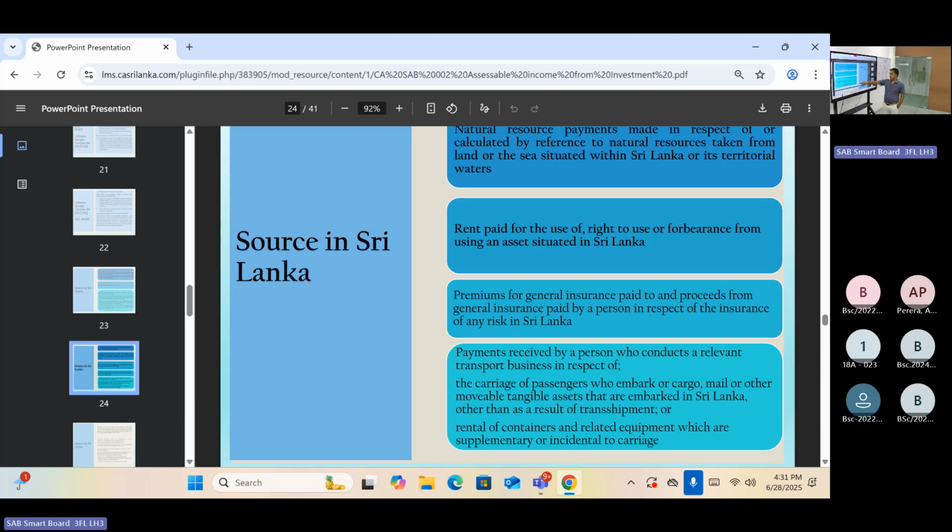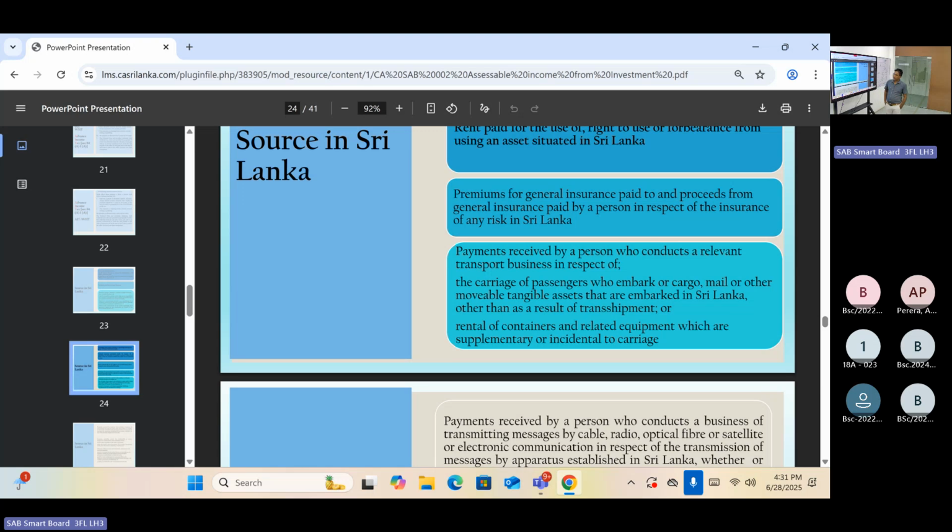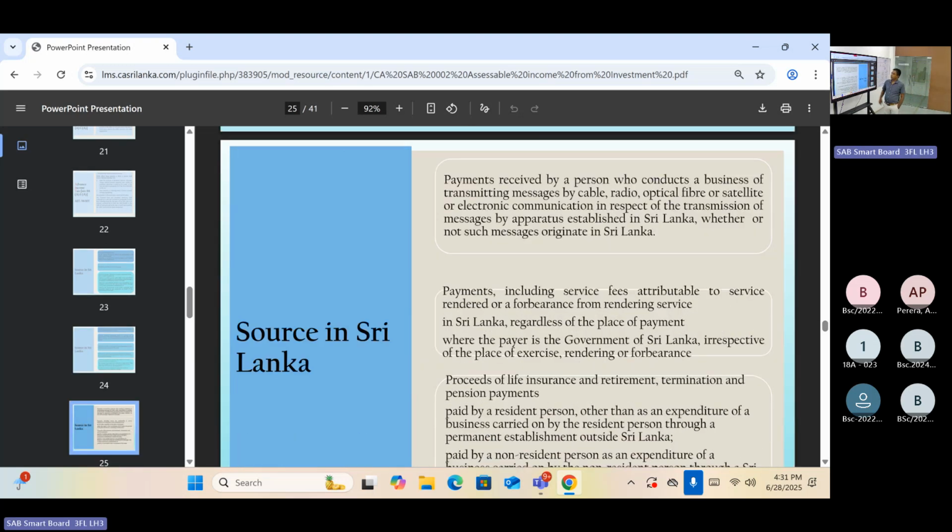Relevant transport business, that is shipping or airline: if they come to Sri Lanka to embark goods or passengers, it shall be considered as a source in Sri Lanka. Transmission of messages: if the person is conducting a business of transmitting messages and the equipment is set up and established in Sri Lanka, it shall be treated as a source in Sri Lanka.